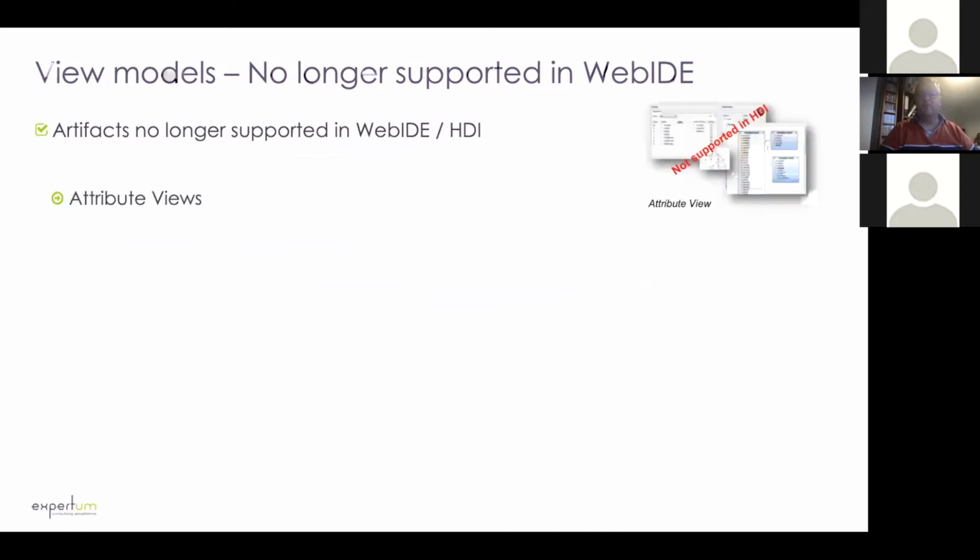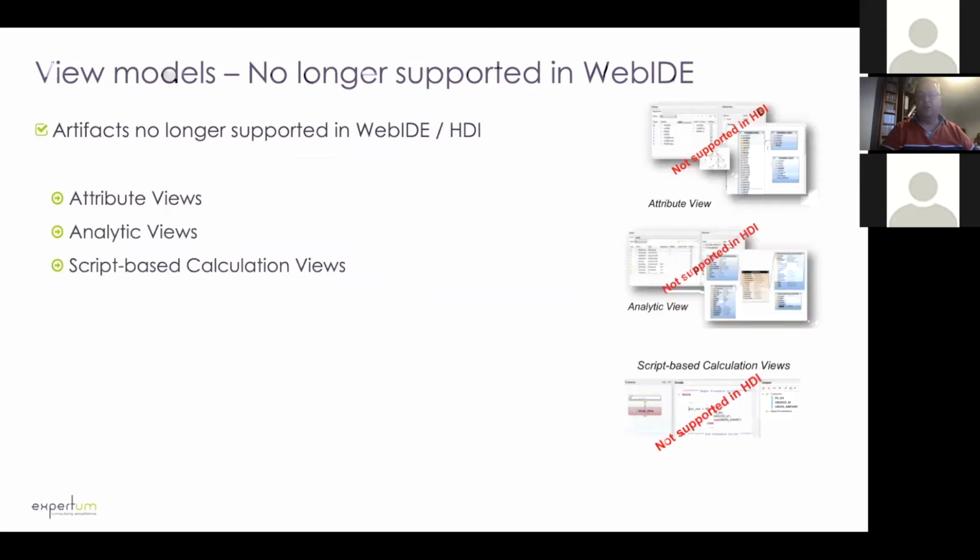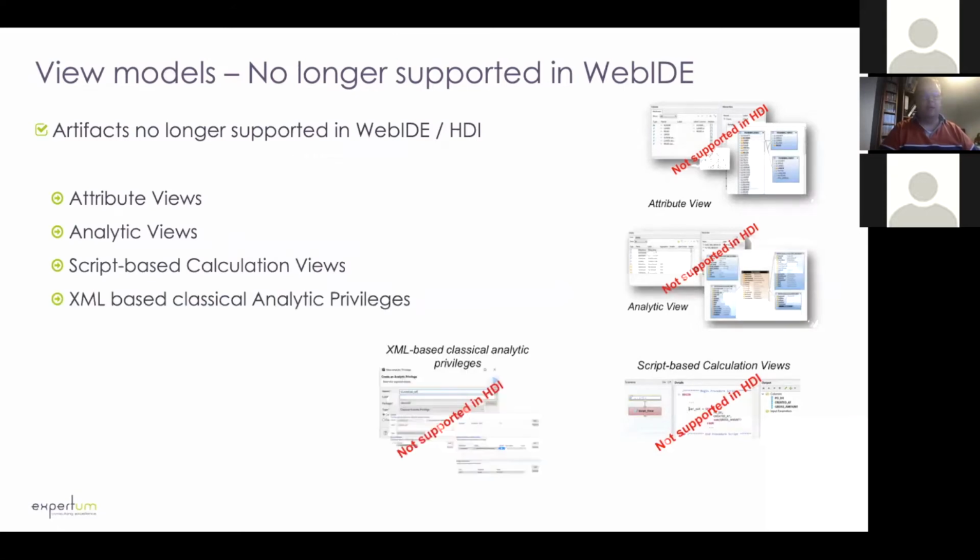So the attribute views for your dimensions, your analytic views for your cubes, your script-based calculation views, and also your XML-based classical analytic privileges are no longer supported in the Web IDE. This is something that's already been known for quite a while, but at least you know that these need to be migrated or replaced before you can start working in the new way.